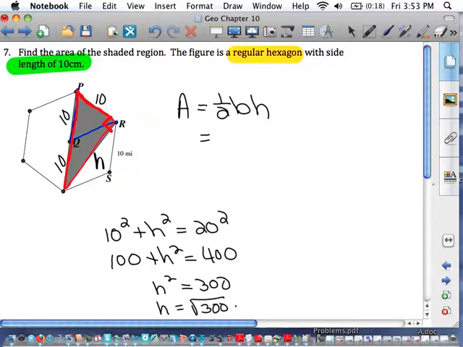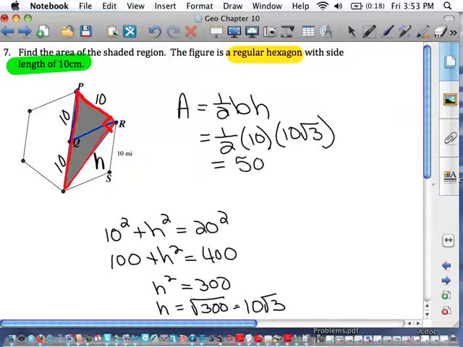Hopefully you recognize that that is 10 square root of 3. So now I can substitute the base and the height into my formula. So that gives me 50 square root of 3 miles squared. And you can again put that into decimal form, which would be approximately 86.6 miles squared, to find the answer to that problem.